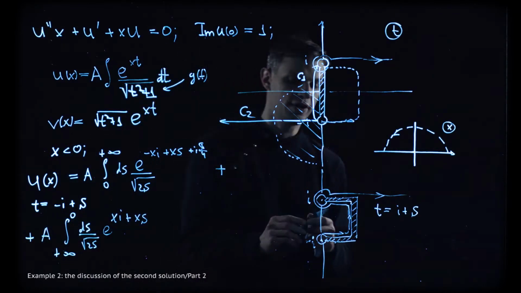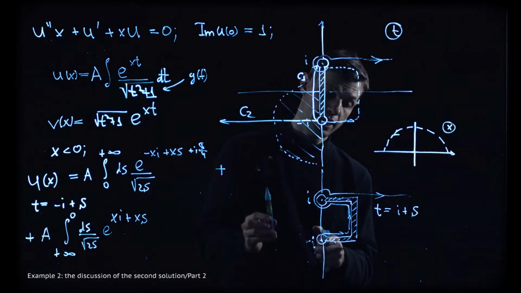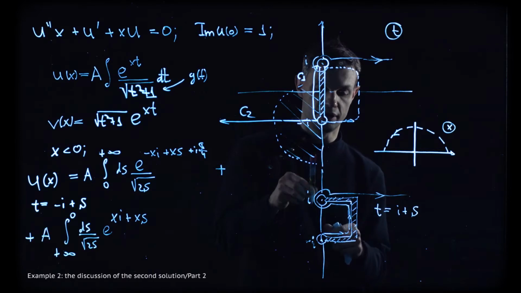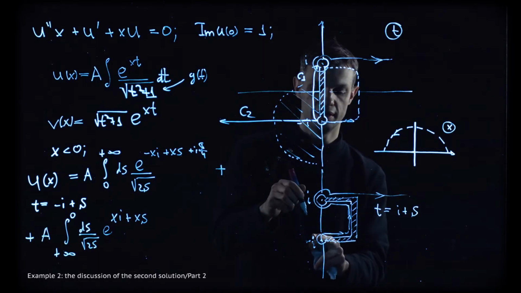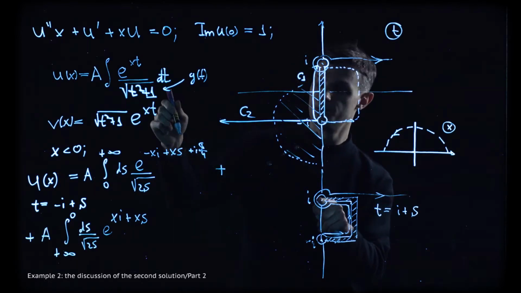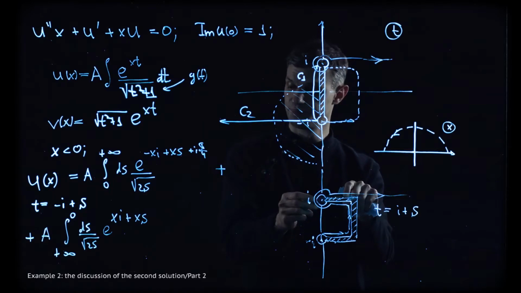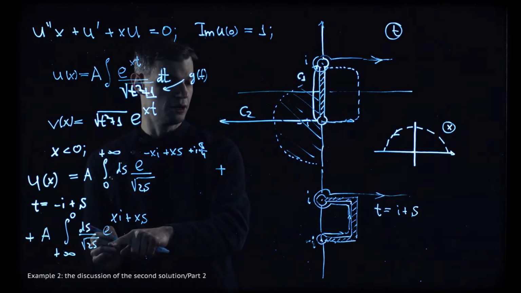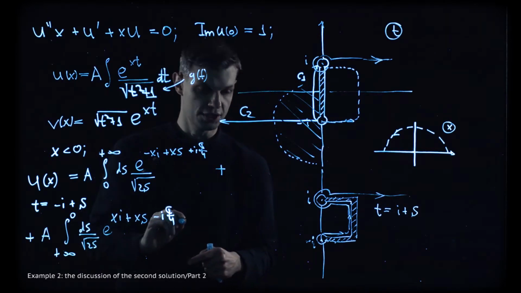And again, we need to define correctly the argument of this g of t function. So here we go again. So the vertical direction here, it was positive. And when we are on this horizontal line, the t minus I factor here changes its argument by plus pi by 2. So we have the addition here pi by 4 since it's square root, and minus pi by 4 since we switched to nominator.